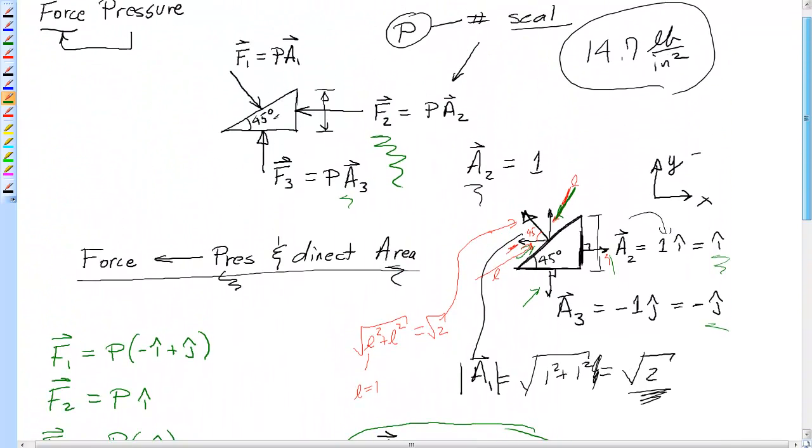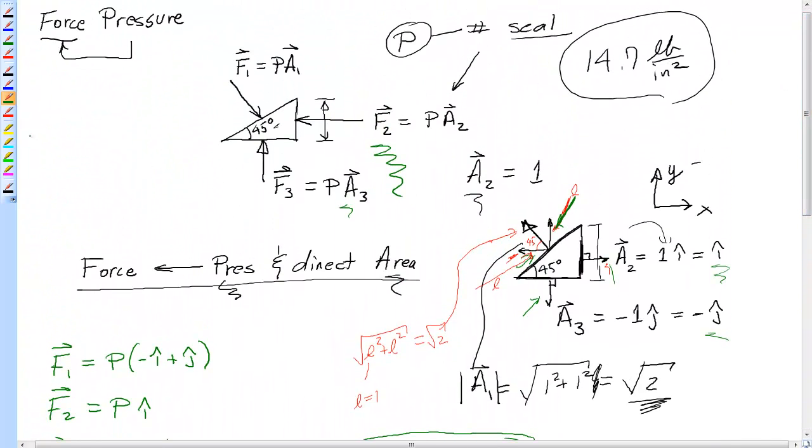And what I hope you came away with was the fact that although pressure is represented in a lot of topics, it's a scalar. It's nothing but a scalar. Even though my drawing was skewed here, I hope you got out of it that the pressure doesn't dictate the force.